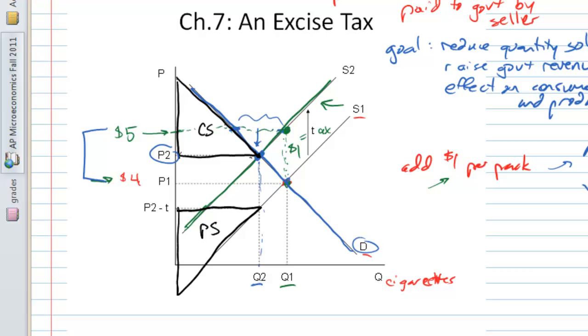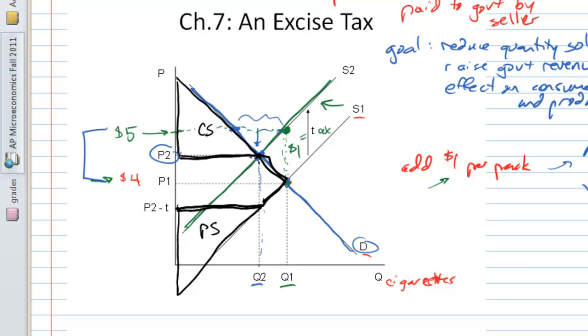And that'll help our graph make more sense visually. Right now we can see a comparison between what was part of the surplus at equilibrium and what's part of the surplus now after the tax. So the equilibrium before the tax versus the equilibrium after the tax, I guess is a better way to put it. We can see that we have lost some producer and consumer surplus in here.